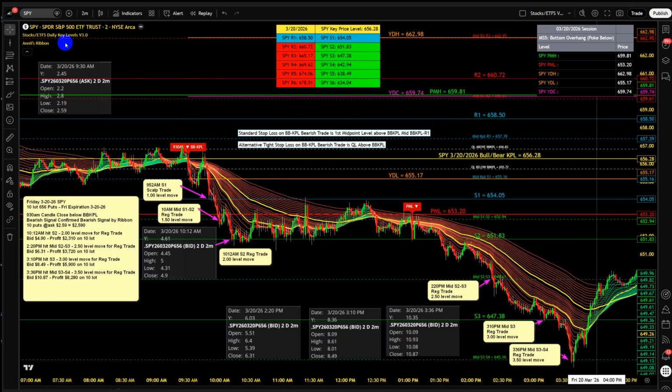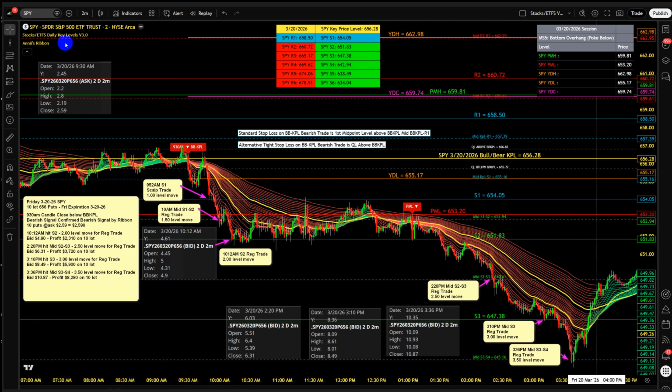However, in our opinion, the Annie's ribbon is better than the Madrid ribbon. However, if you prefer the Madrid ribbon, then you can utilize it in the same way as this. It's just the Annie's ribbon has a few more subtle features that make it easier to use, in our opinion, than the Madrid ribbon.